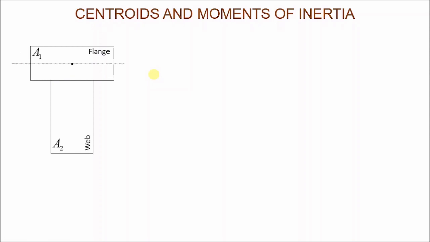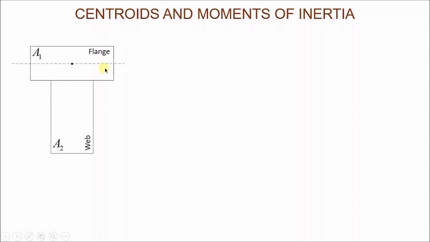The neutral axis always passes through the centroid, and you always have two of them, the horizontal neutral axis and the vertical neutral axis. In some of the questions, you may need to use both, and in other questions, you will just have to use one of them, okay, to be able to solve whatever it is that they ask you to find. Okay, so now what's important for me to say here is that the centroid of the flange here, the top rectangle that you see, this is not the centroid of the full section.